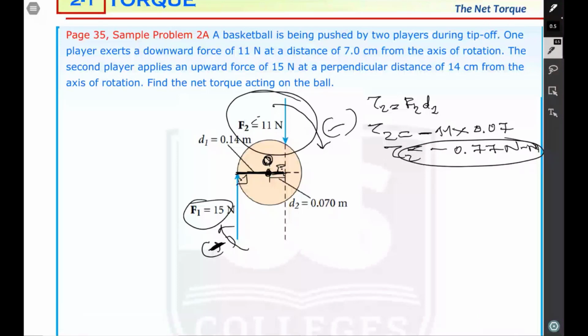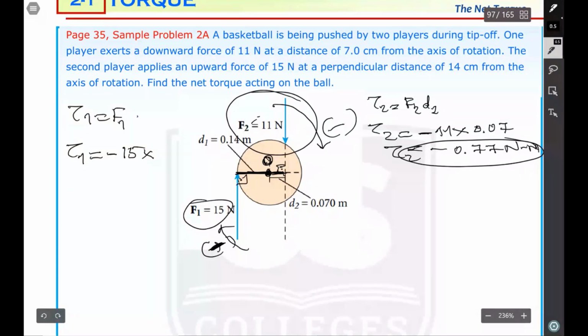Let's do the first one, F1. It's also negative. Torque 1 is negative. How much is F1? 15. So let's write the equation first. Torque 1 is equal to F1 times D1 times sine of the angle. Again, the angle is 90 degrees, so I'm not going to write it. Sine 90 is 1. So F1 times D1.